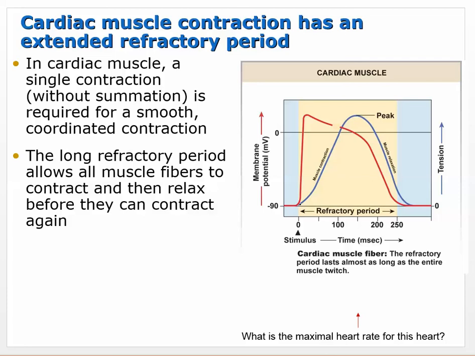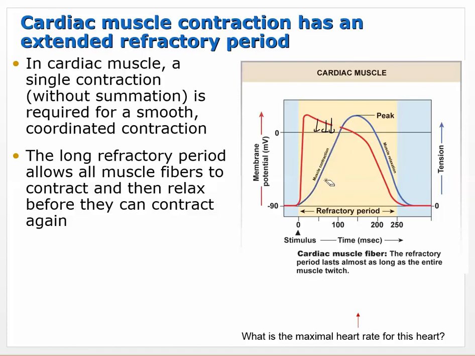So depolarization happens, and then you have that little lag until the calcium can start to cause the muscle contraction. But during that period of time, more calcium is let in, and it keeps the refractory period longer. So no action potential can take place again until right about here. And then you can have another action potential and another contraction.